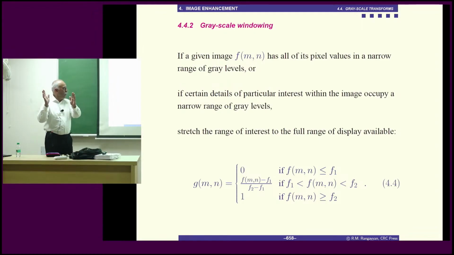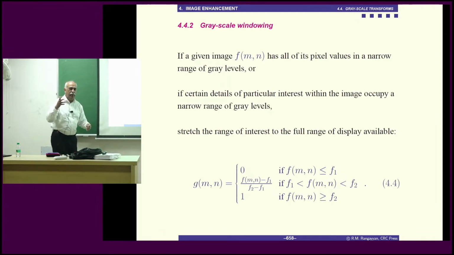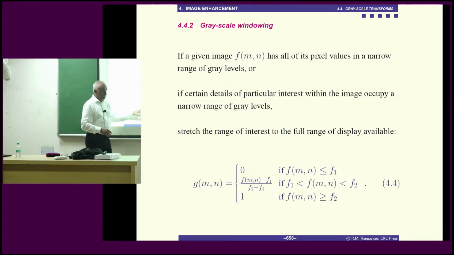Above F2, make it 1 or 255. Multiply this by 255 and make them integers, you get 0 to 255. Otherwise, 0 to 1. Later on, that multiplication factor could be something else. If you are doing computer analysis, you may make it 1000 or whatever you want it to be, but for display, 8 bits, 255. So greater than F2, 1.